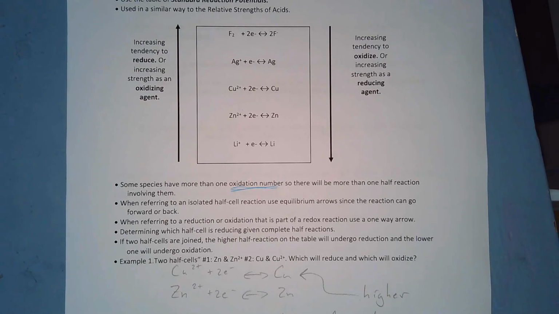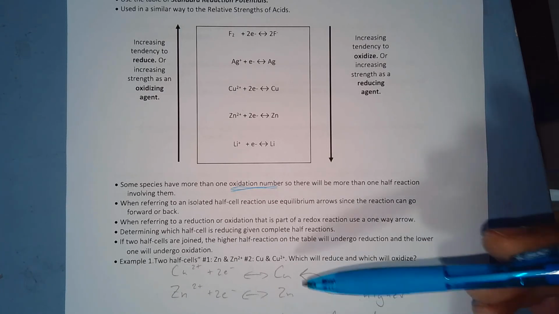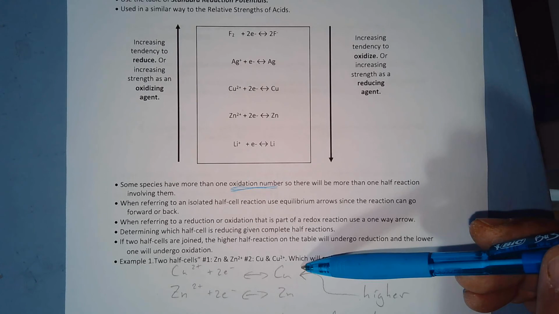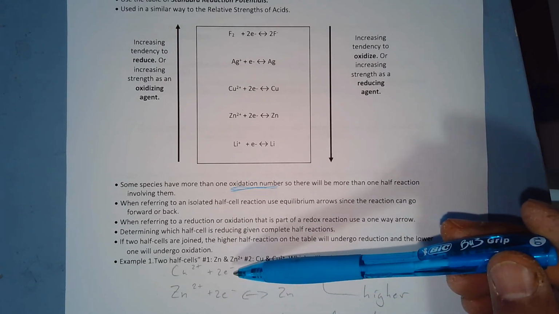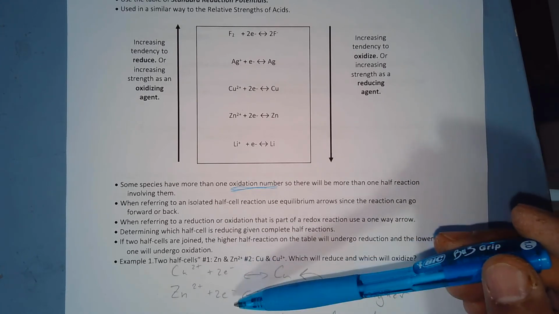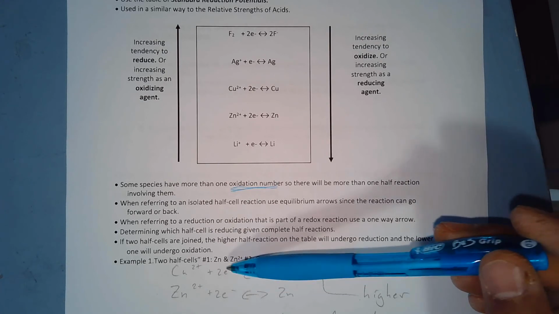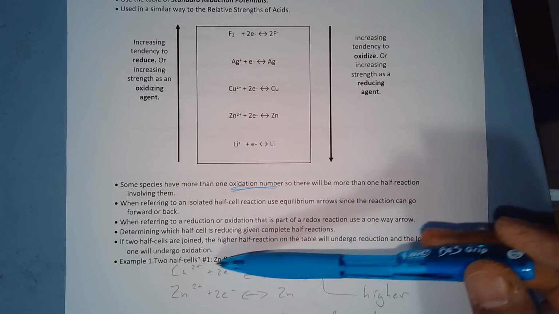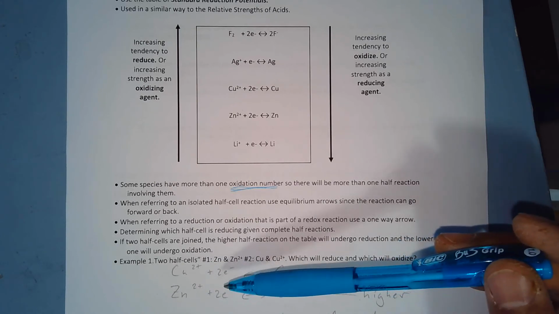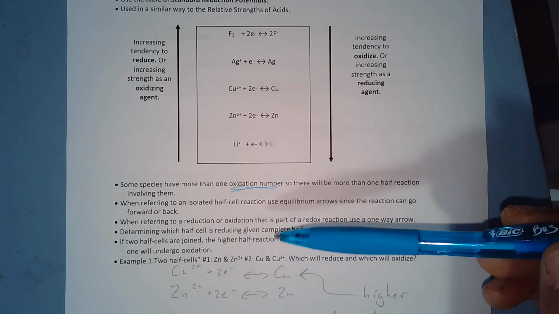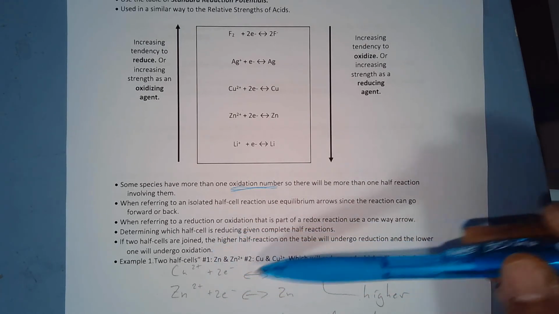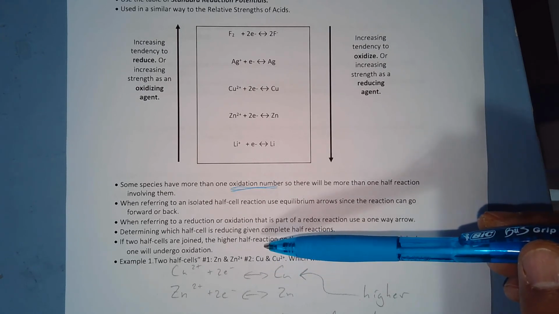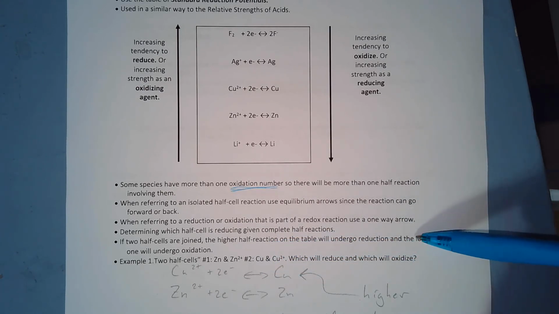It'd be good for you to have that table open, and what you should find is this one here is higher. Now I can't put these together the way they are because both of these are showing a reduction. This is gain of electrons, this is gain of electrons. So it's saying, of these four, which one's going to reduce and which one's going to oxidize.